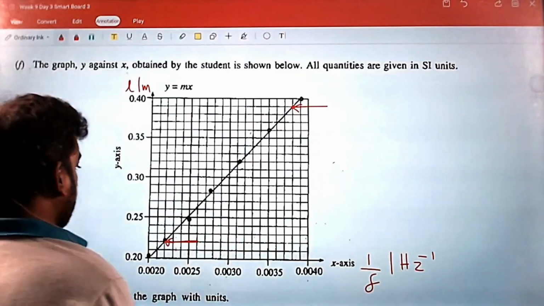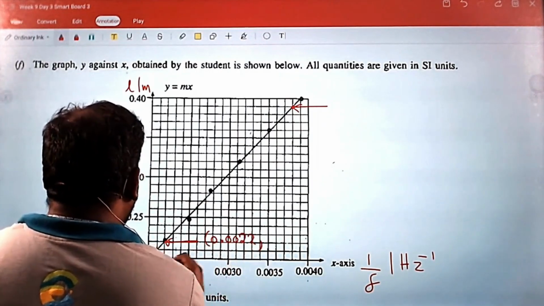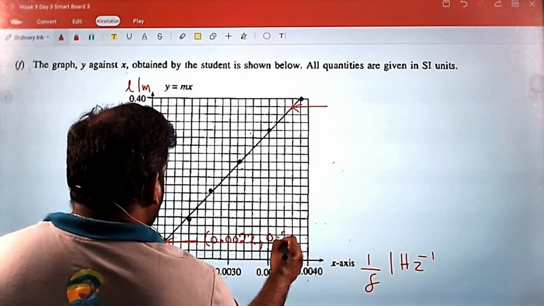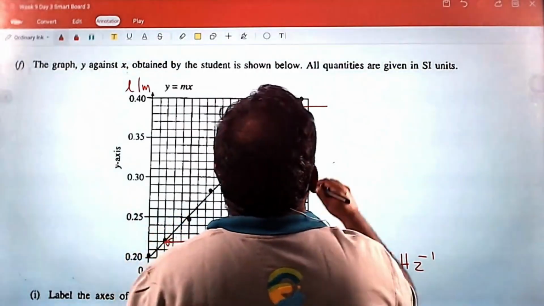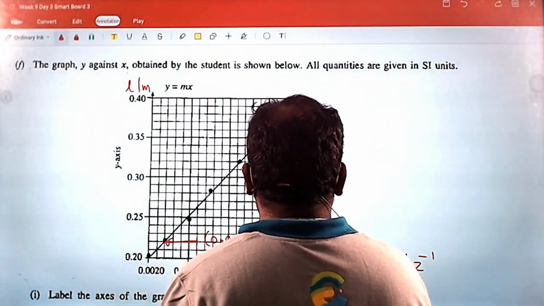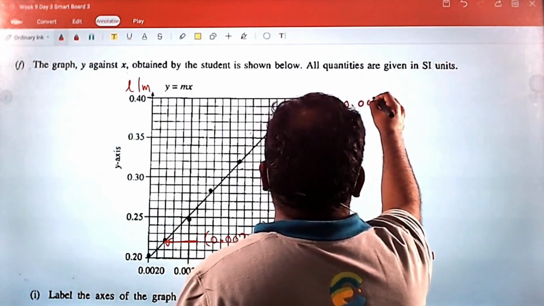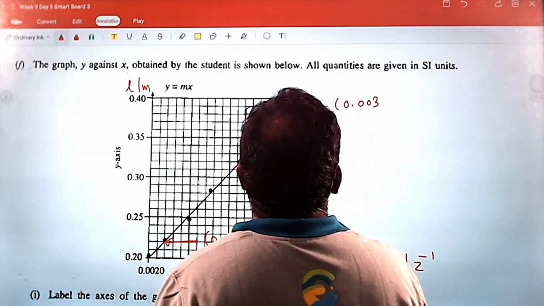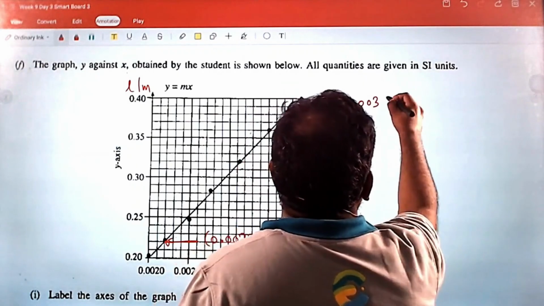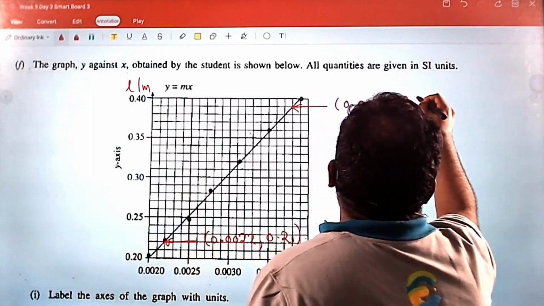So 0.0042, 0.21. Here we can take 0.0038, 0.39.